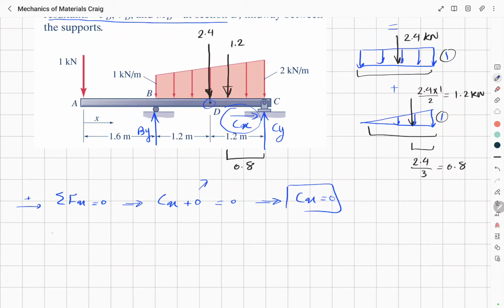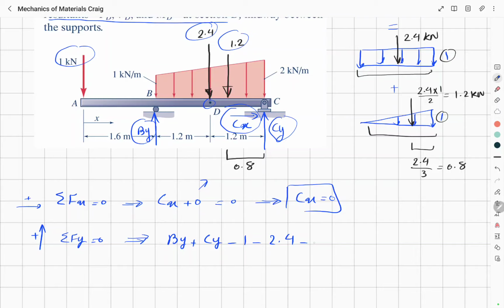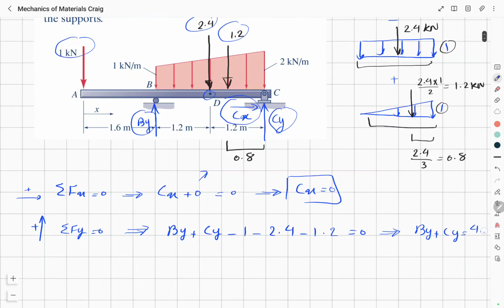In y direction, we have this force, this force, this force, and these two support reactions. So we can write By plus Cy minus 1 minus 2.4 minus 1.2 is equal to 0. So By plus Cy is equal to 4.6.